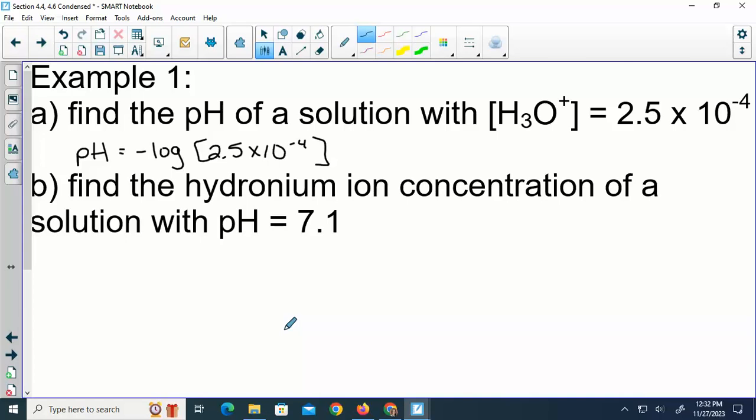We do the negative, the log, and type in 2.5 times 10 to the negative 4. We typically round pH to 1 decimal place. What'd you get? 3.6021. So we'll just round it to 1 decimal, call it 3.6 for our pH.